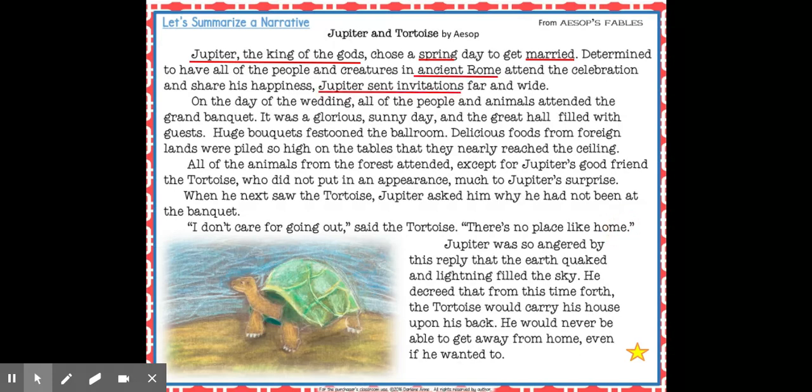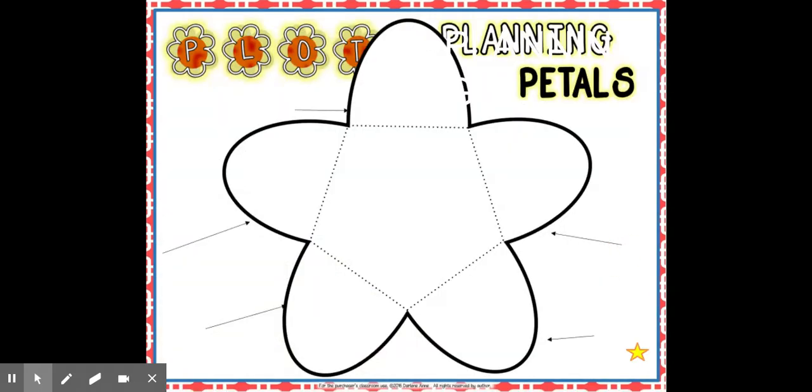There's our conflict. There's our resolution. Oh, there's our conflict and our resolution. So now let's put all of our details into our plot petals.